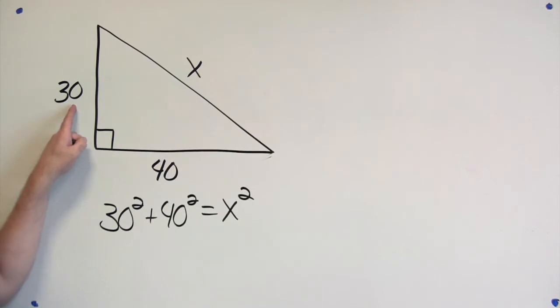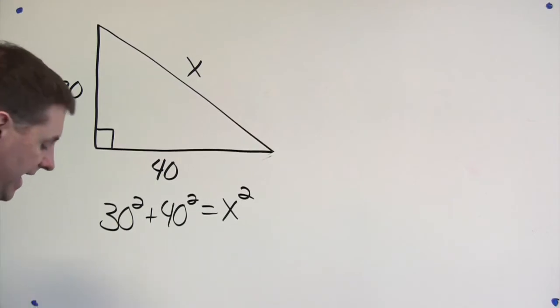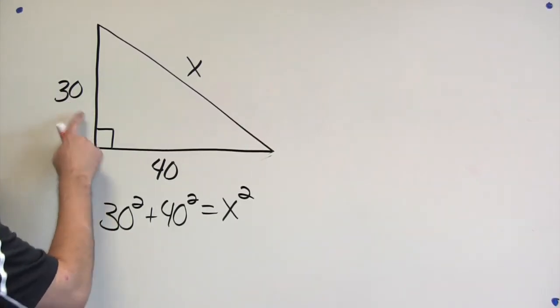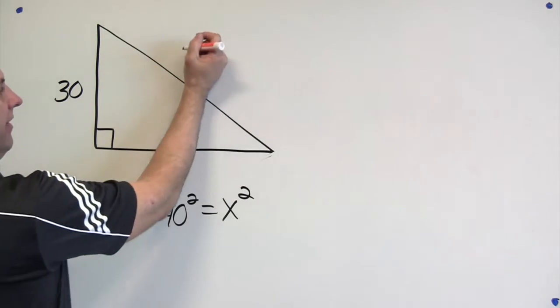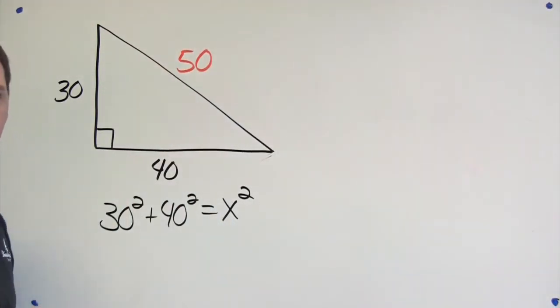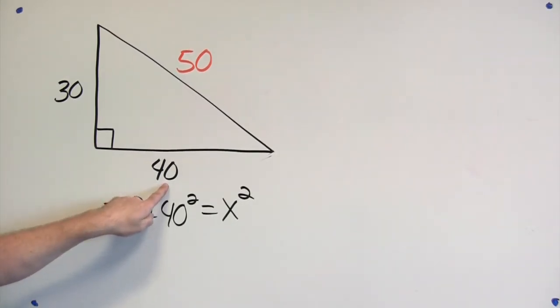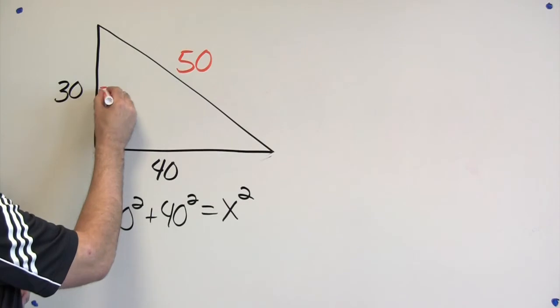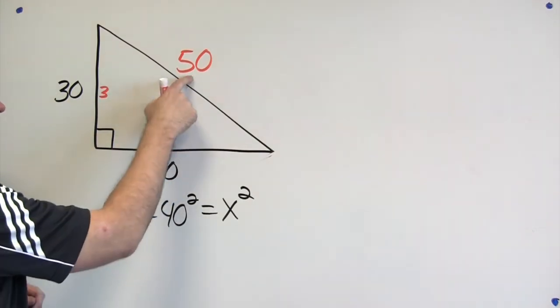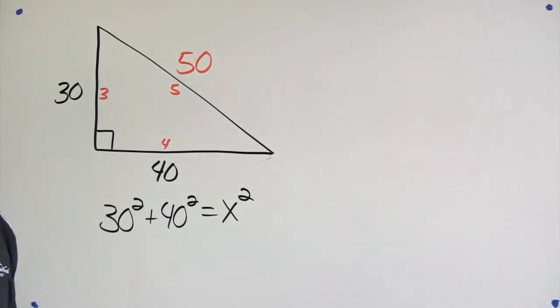But if I notice this is a 3, 4, 5, just multiplied by 10, all I have to do to find my answer is say, hey, 30, 40, 50. Notice that 30 divided by 10 is 3, 40 divided by 10 is 4, 50 divided by 10 is 5. It's a 3, 4, 5 triangle.